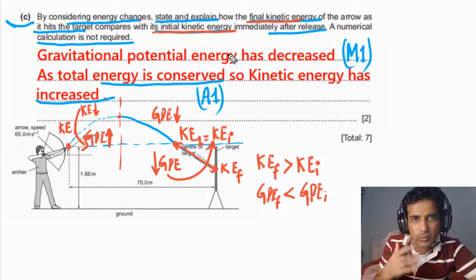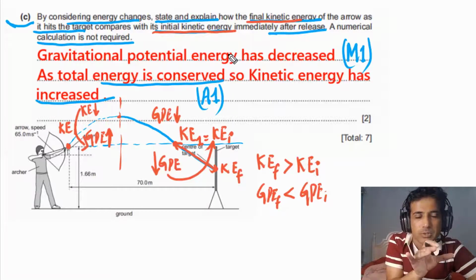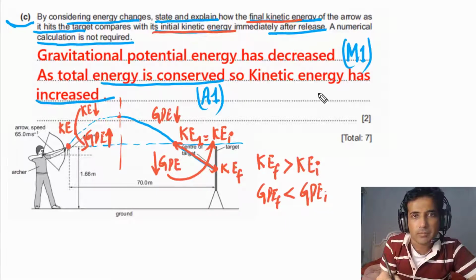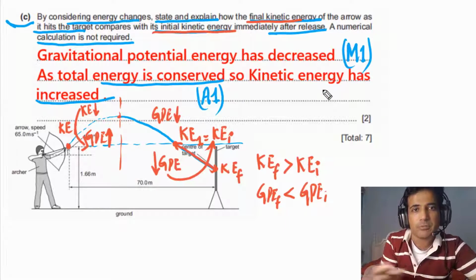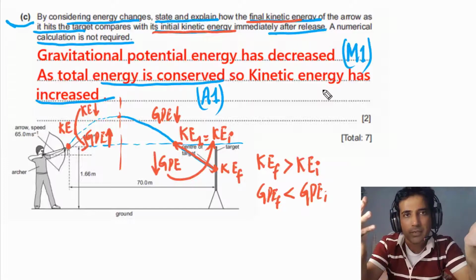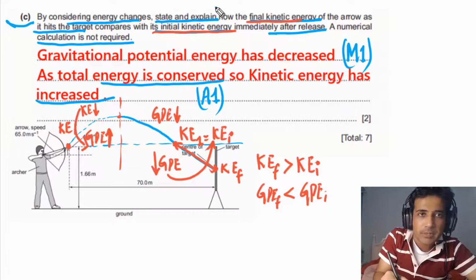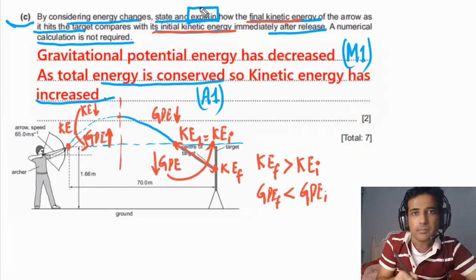If you write this one, you will get the marks. If you do not write gravitational potential energy has decreased, you will get 0 marks for this question because this is the M mark. If you simply write kinetic energy has increased, so this can be the statement, but you also need to explain, state and explain. So explanation is a must. If your explanation is wrong, you will not get any.